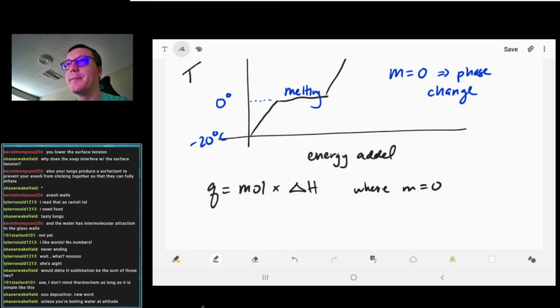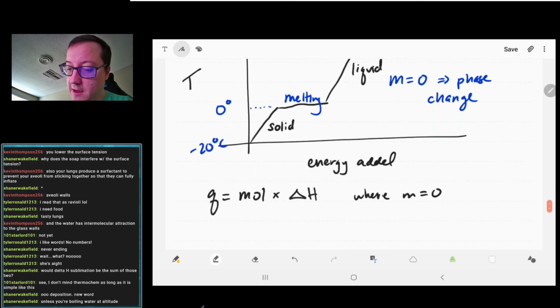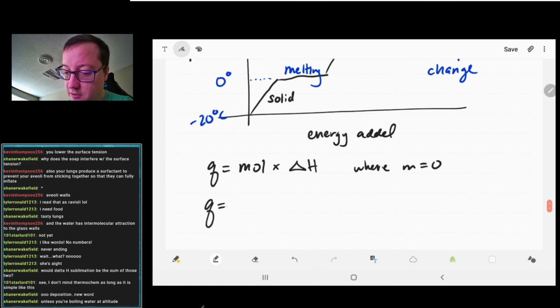Very exciting. If m is not 0, over here it's entirely solid, here it's entirely liquid, and here gas, we're going to have another formula you are familiar with. Oh-ho! You thought we were done with this one.